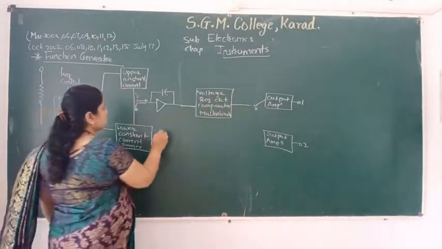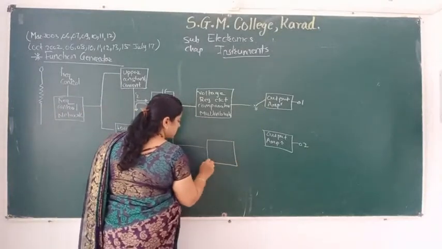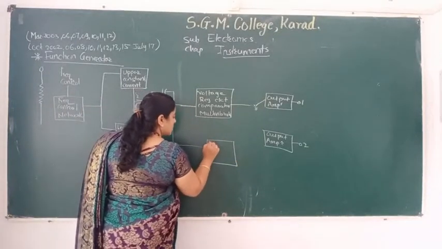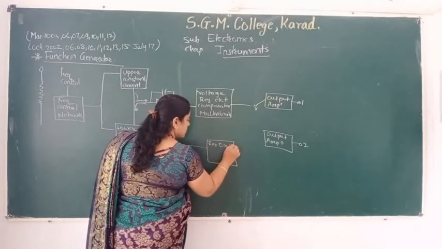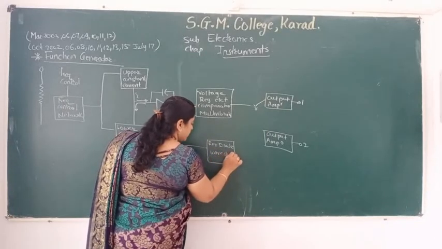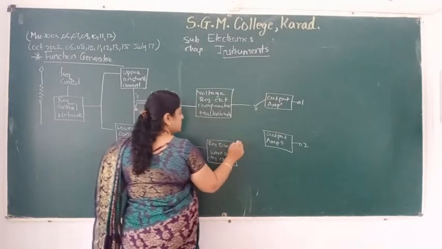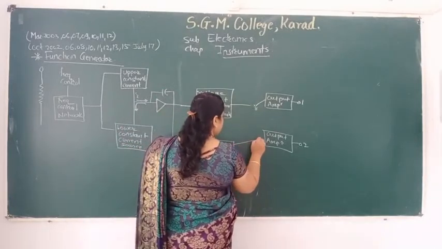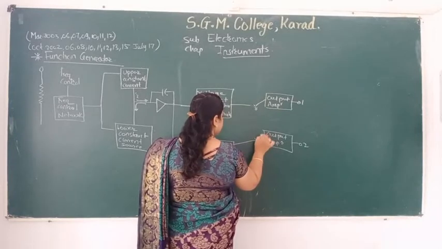Okay. So from here again one circuit is there, that is your resistor, diode, wave shaping circuit, and it is connected to, again here one switch is there.